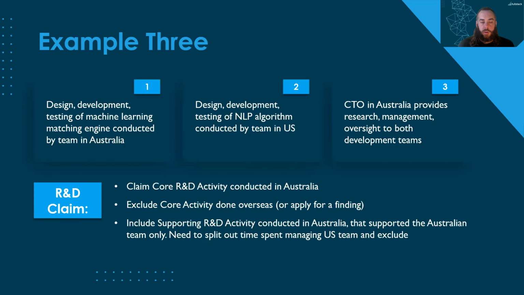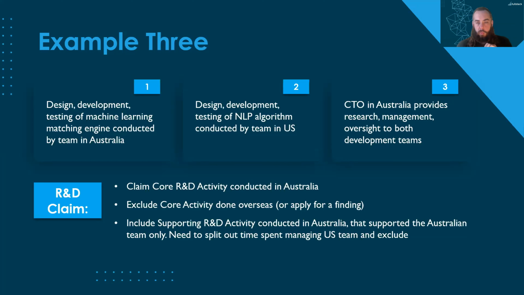And the final example, we have design, development, testing of a machine learning matching engine conducted by a team in Australia, design, development, testing of an NLP algorithm conducted by a team in the US, and an Australian-based CTO providing research, management, oversight to both teams. So ignoring the overseas, you have core activity 1, core activity 2, and supporting activity 1. In this case, obviously you can claim the Australian core activity.